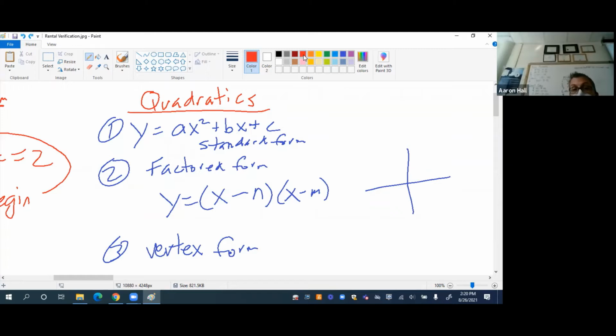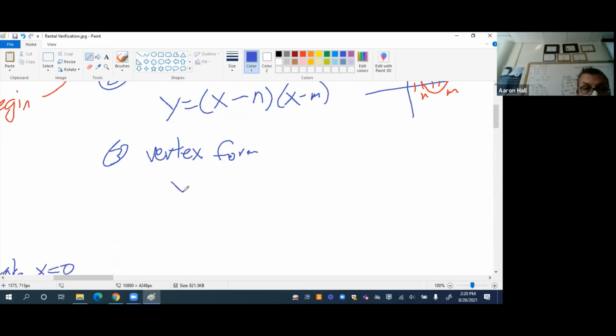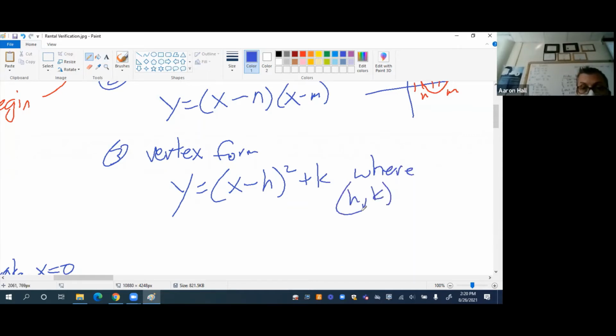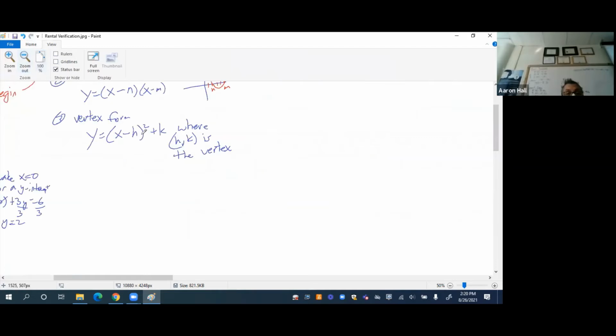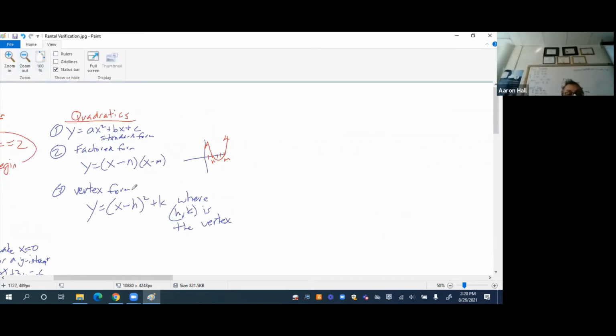Yep, n and m. I go through those points. Vertex is actually the third one. Vertex form looks like this, where we have y equals x minus h squared plus k, where h, k is the vertex.